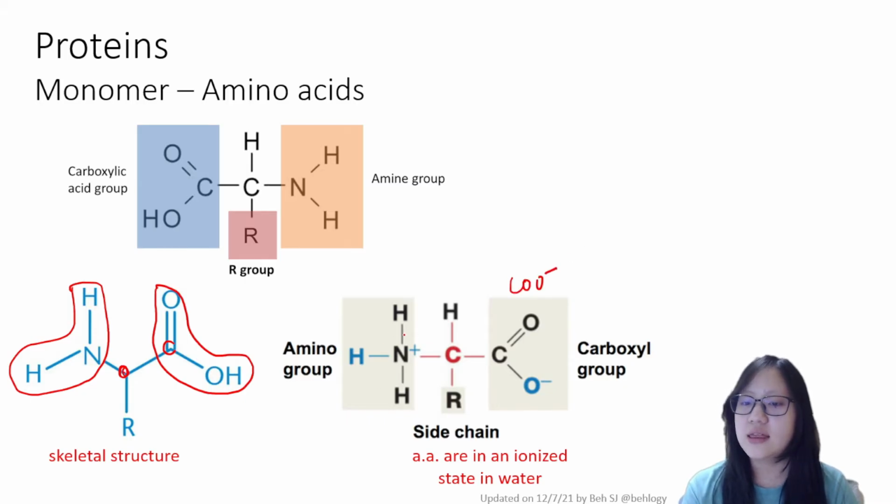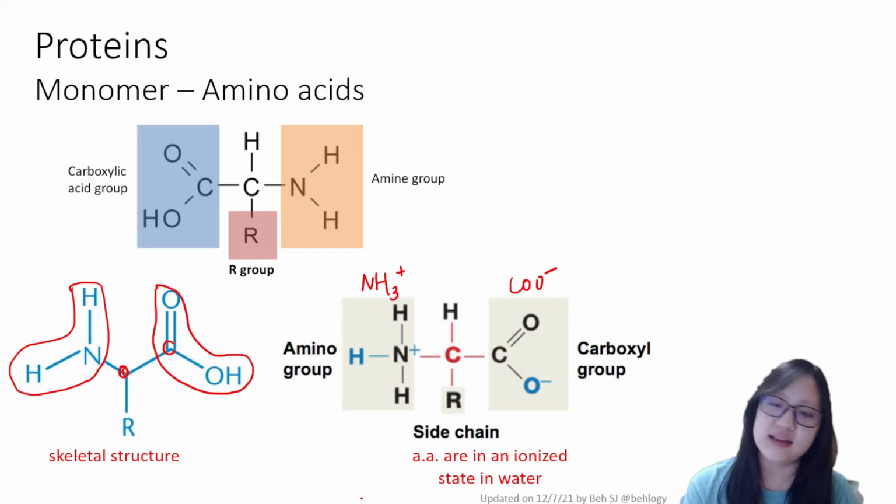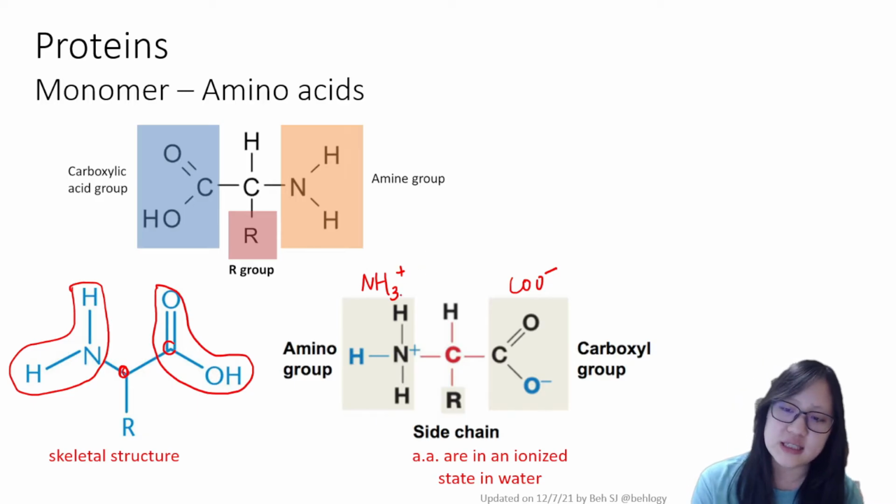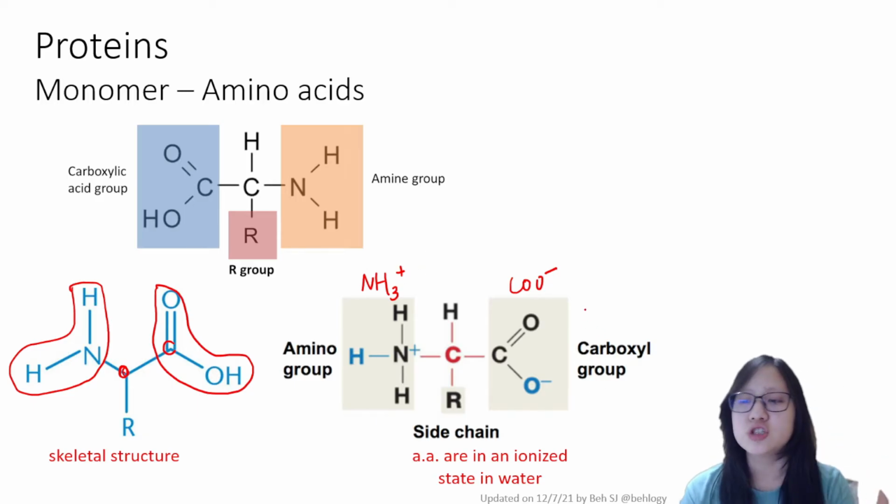Whereas the NH2 group, the amine group, has gained a hydrogen, so it becomes NH3+. So one side is negative, one side is positive. Overall, it's a neutral charge in general.